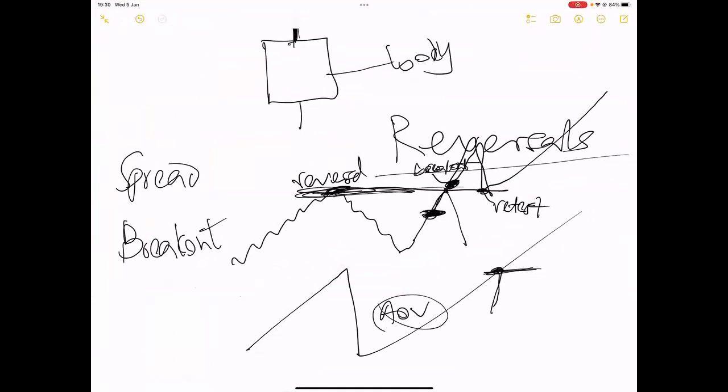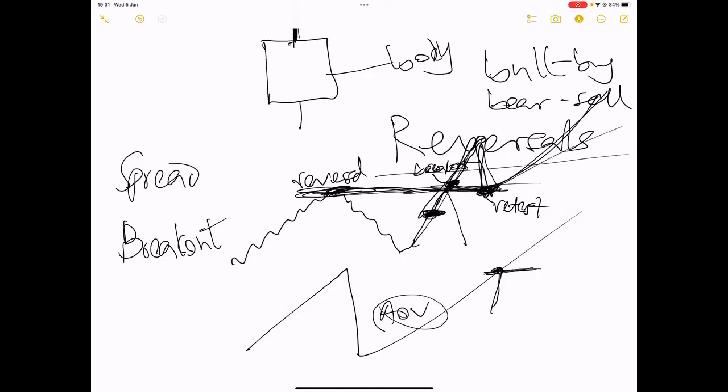That's what I mean by wait for breakouts and retest into the area for another bull run. Bull means buy. Bear means sell. Wait for breakout and retest into the area. I'm telling you, wait for it to go outside and come back inside that area. Then you take another trade idea.